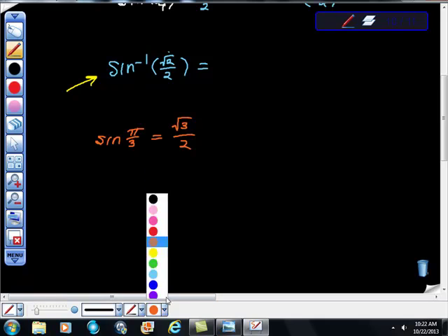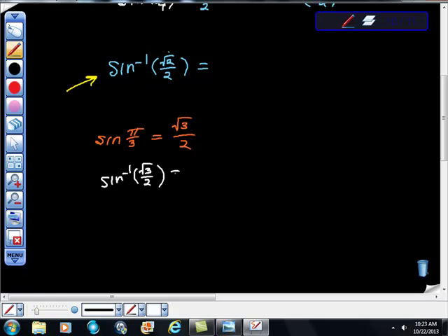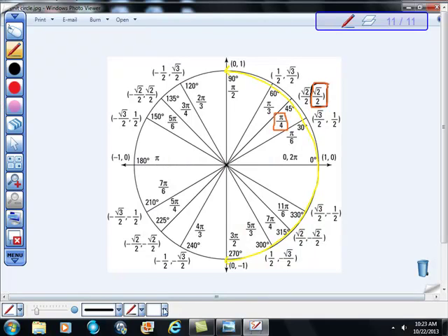If we looked at it differently, we could say, what if I have the inverse sine of square root 3 over 2? What's the angular value that goes with this sine value? It should be pi thirds. We can go check by going here.